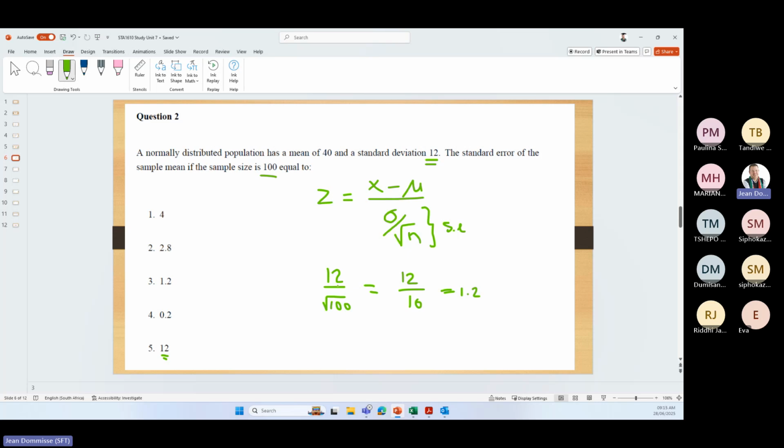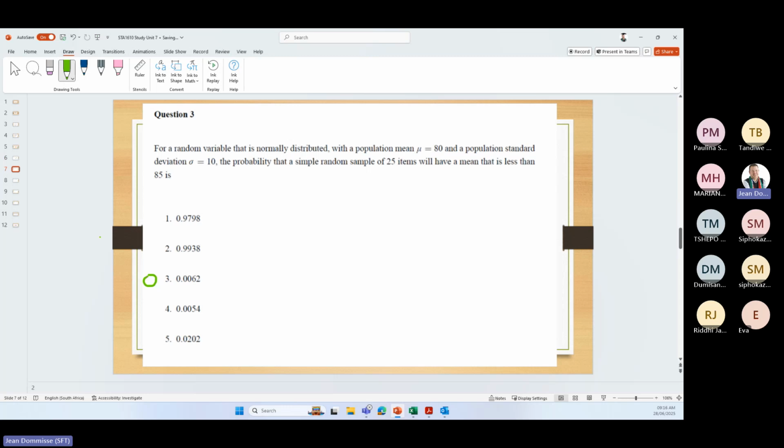But 12 divided by that, and if you said 40 divided by the square root of 100, there was a 4 as well. But the answer that we're looking for is option 3.